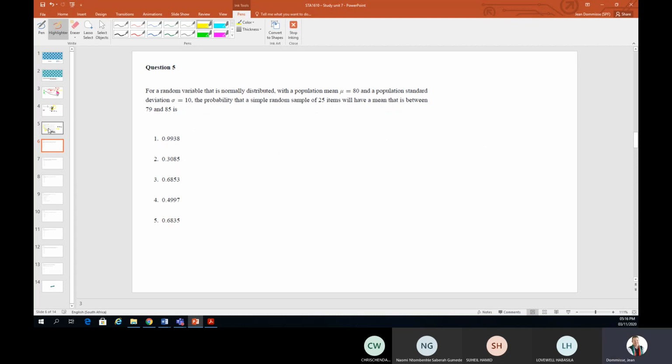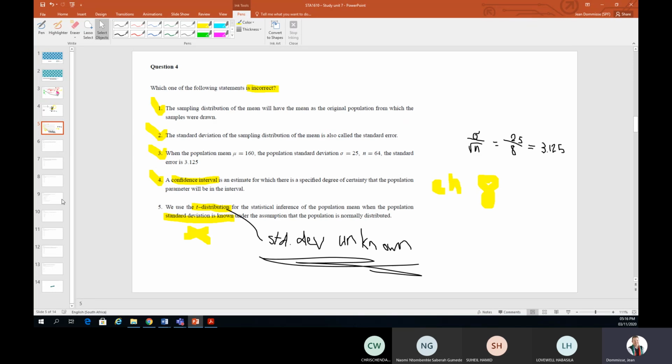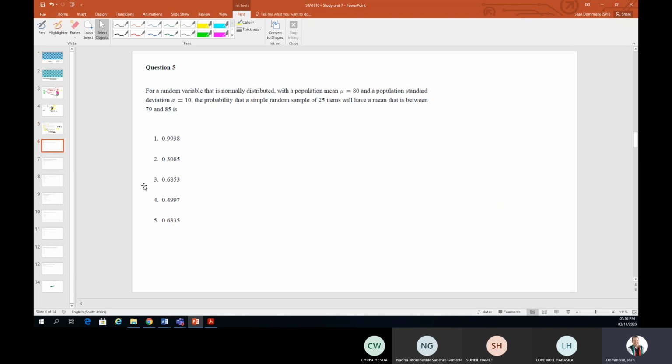So when they start introducing that the standard deviation is known or unknown, I start reading the next set of questions with much more care. Again, I know it's difficult in the exam because it's online, so you can't really highlight certain things. But what I would do is look at it and see, okay, we're talking population standard deviation.